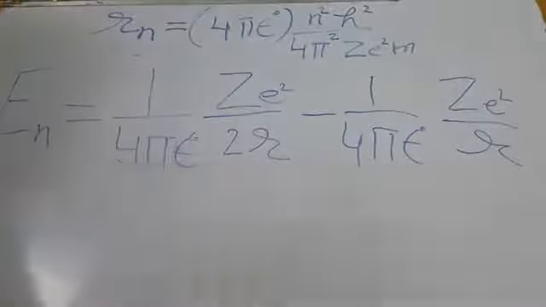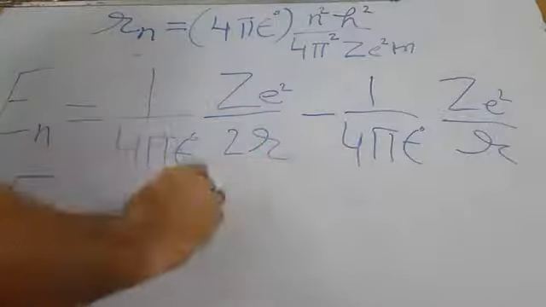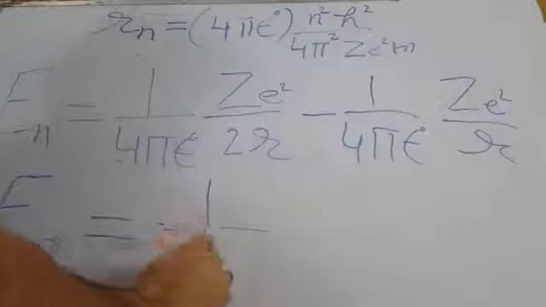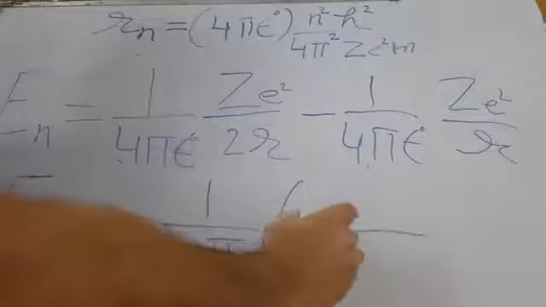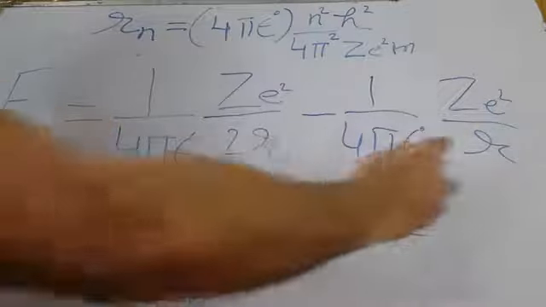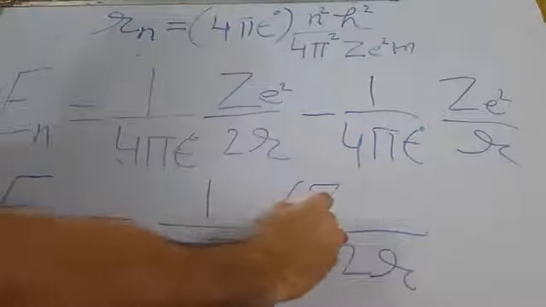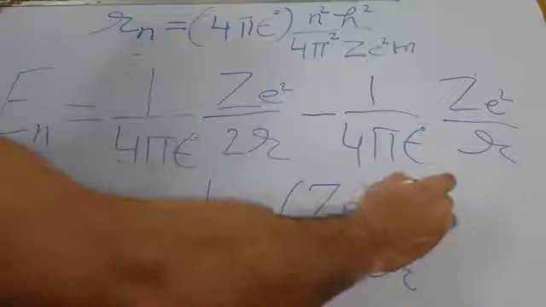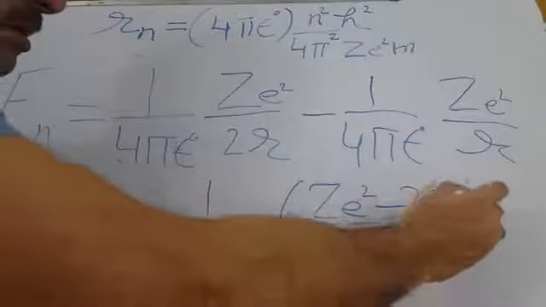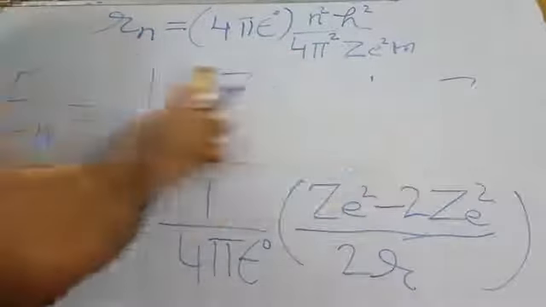Let us simplify this equation further. Then En comes out to be, taking common 1 upon 4 pi epsilon 0, here 2r, therefore it would be 2r here, and this is Ze square minus 2Ze square. Let us further simplify this.